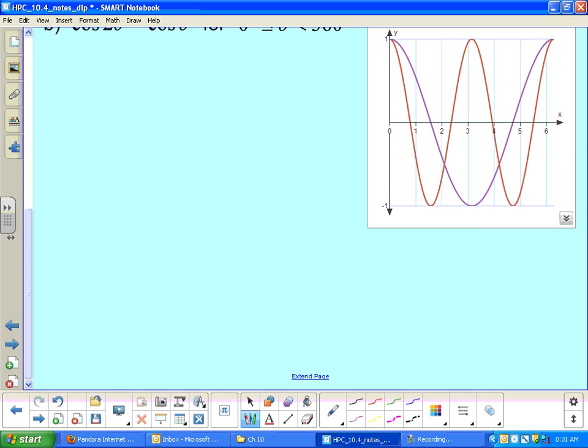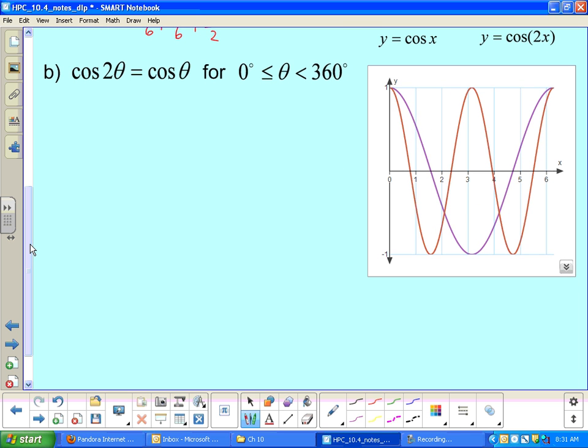Sometimes it might be beneficial thinking graphically what's going on, as in this case here we have where do cosine of 2 theta and cosine of theta look the same. Remember that a cosine of 2 theta, this is our b value, going back to chapter 8.3, and the b value affects your period.